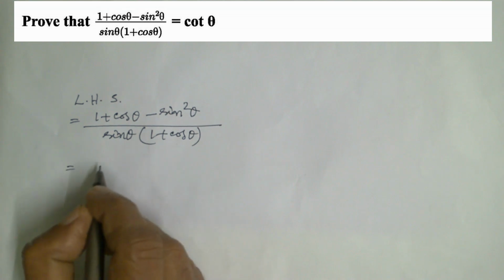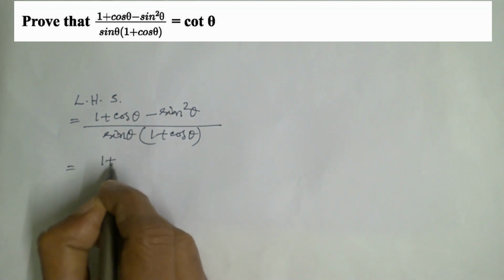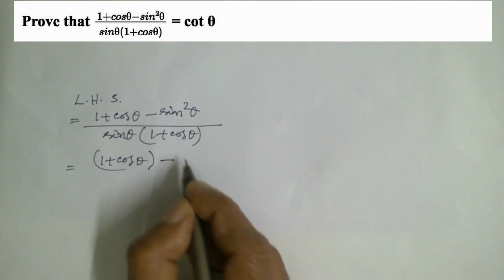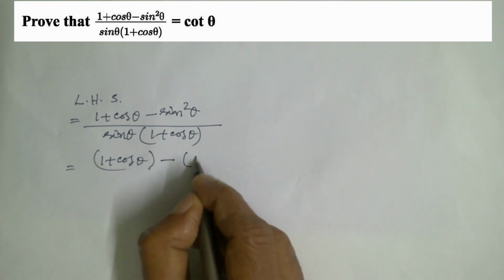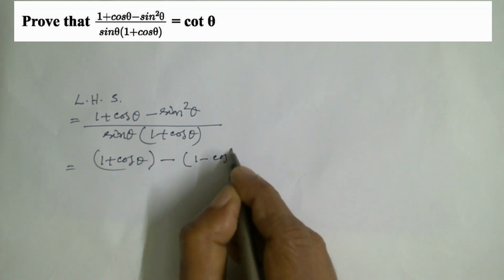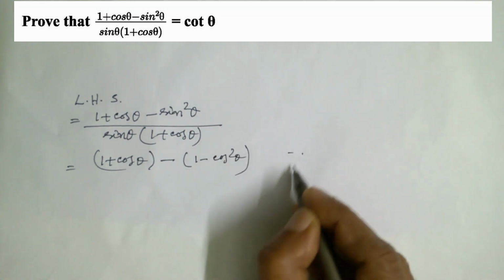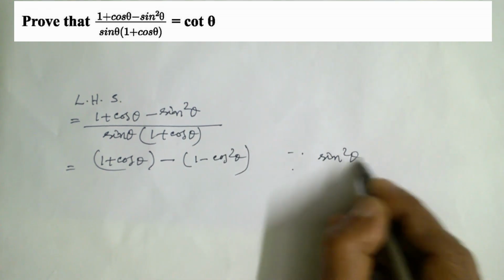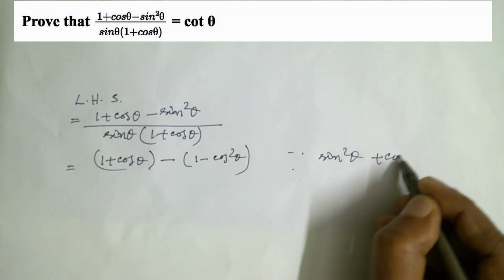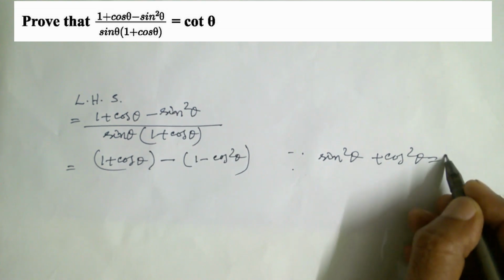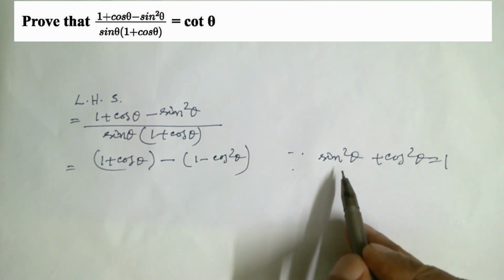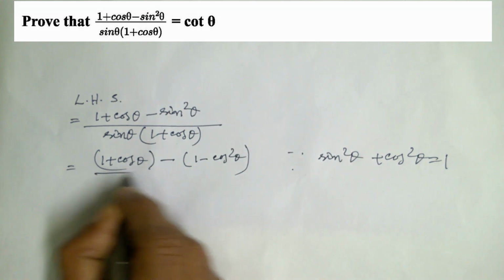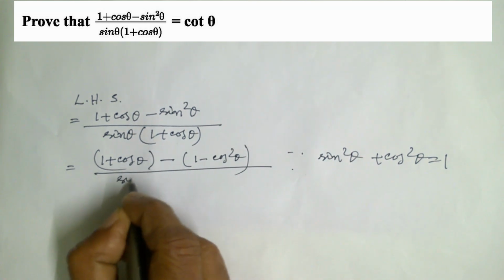That is how to do this. 1 plus cos theta minus, we may write 1 minus cos square theta, as from trigonometry it is known that sin square theta plus cos square theta is equal to 1. Hence sin square theta is equal to 1 minus cos square theta.